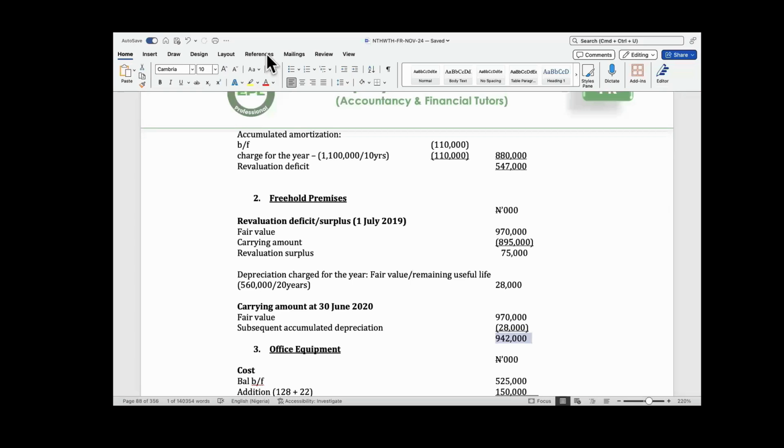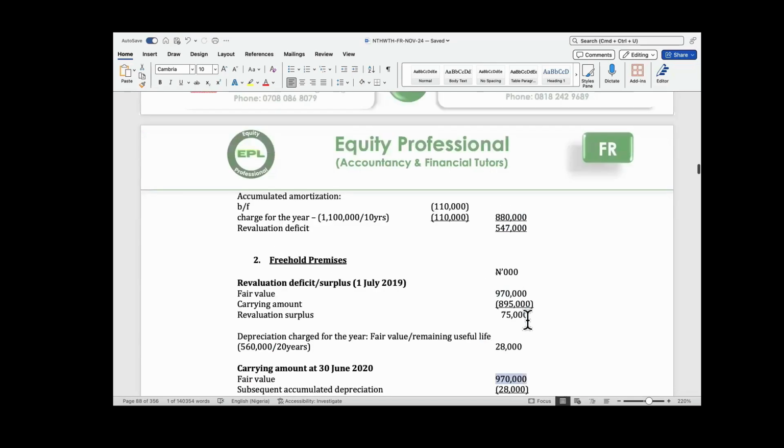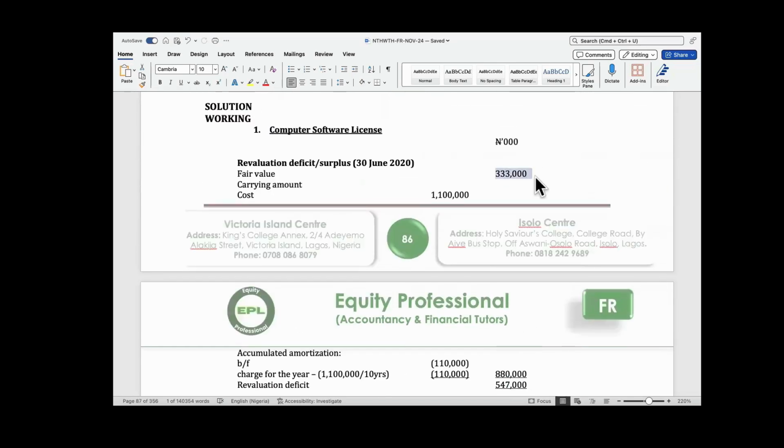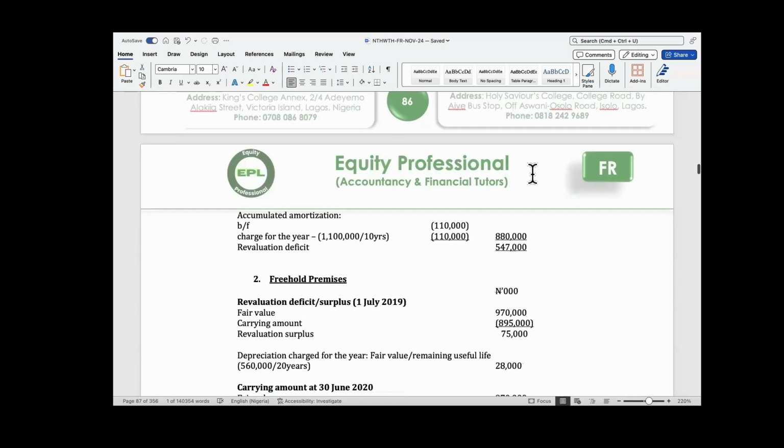When this asset was revalued at the beginning of the year, we had to compute depreciation at the end, and we remove that depreciation from the fair value. But in the first one, when fair value was determined at the end of the year, the accumulated depreciation till the end of the year will have been cancelled out. So the carrying amount at the end of the year will still be that fair value.